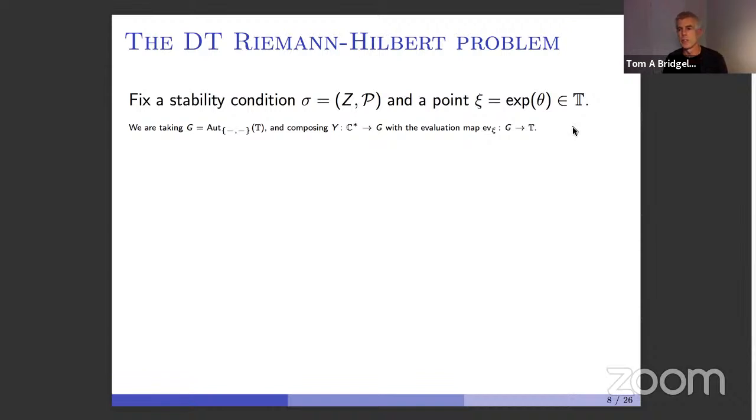Okay. So just to be clear, this Riemann-Hilbert problem now depends on two pieces of data. First, the stability condition, which you can really just think of as the central charge, because locally that's the only data. And then also a point of this torus, which I'm going to write as psi, but it's also exp of some theta.